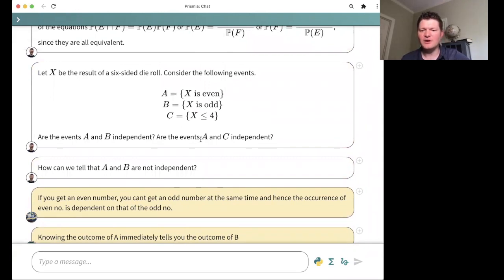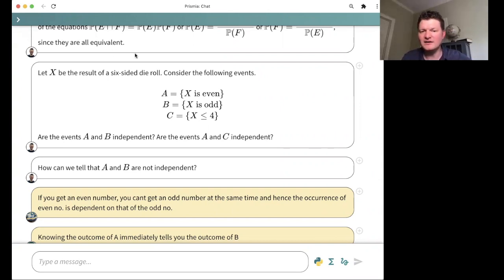It's not maybe so surprising as it first seems that A and C are independent, because when you have a six-sided die roll, you can think of that, if you want, as a coin flip plus a three-sided die roll. So now you have a coin flip and a separate die roll generating the other source of randomness with three possible outcomes. That's another way to sort of simulate a die roll. And in that context, it's clear that the coin flip and the die roll are separate things, or the three-sided die roll is separate from the coin flip, and yet you have the same probability measure.